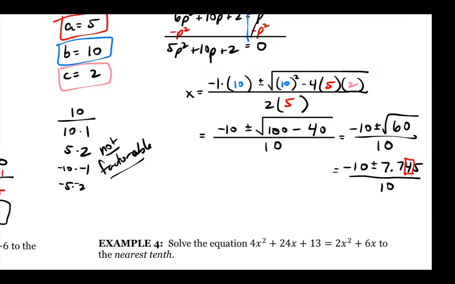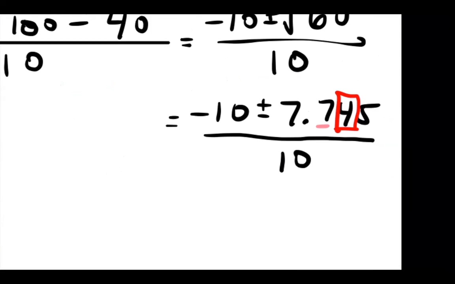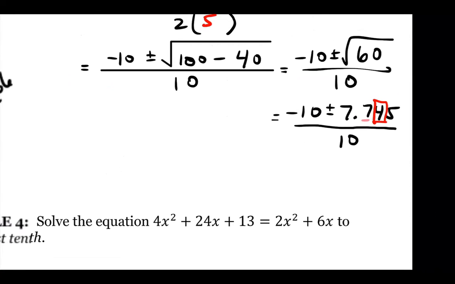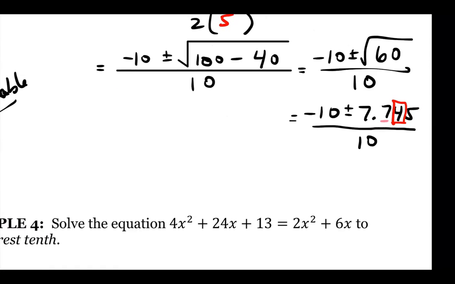This 4 is going to determine whether I round up to 7.8 or keep it at 7.7. Close, but I'm going to keep it at 7.7 because 4 is not quite high. If it was a 5, I would round up. Okay, so I'm going to separate it. So I have -10 plus 7.7 divided by 10, and I have -10 minus 7.7 divided by 10.